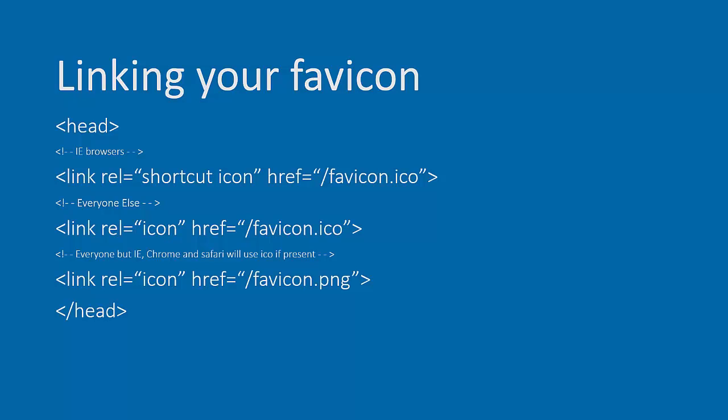But as you've been reading these comments as I've been talking, Internet Explorer browsers need the shortcut value in the rel attribute, and all other browsers don't need that shortcut. And if you're serving up a PNG, Internet Explorer won't show that file, and it will keep looking for the ICO file.